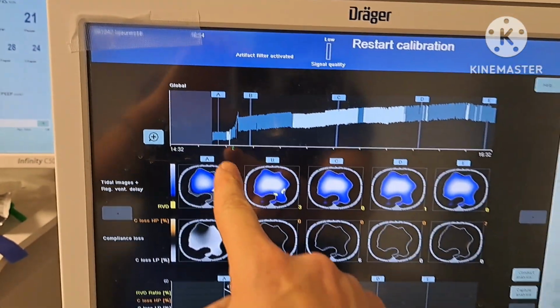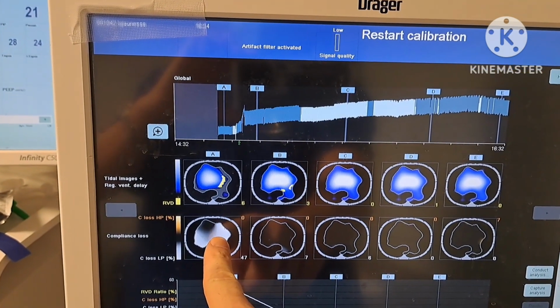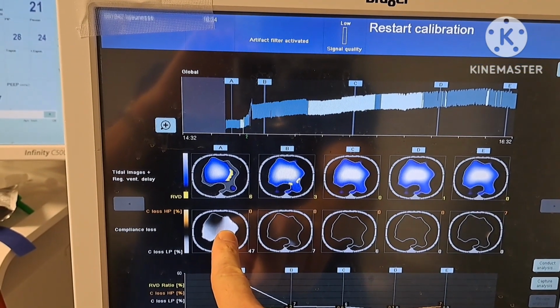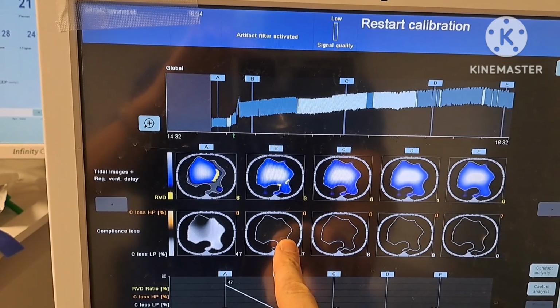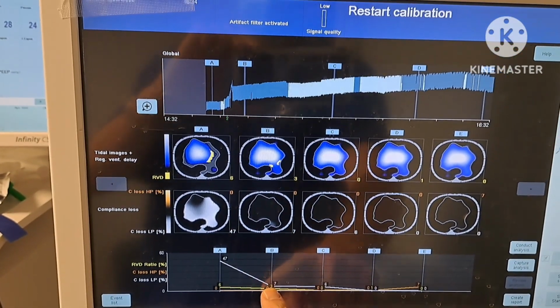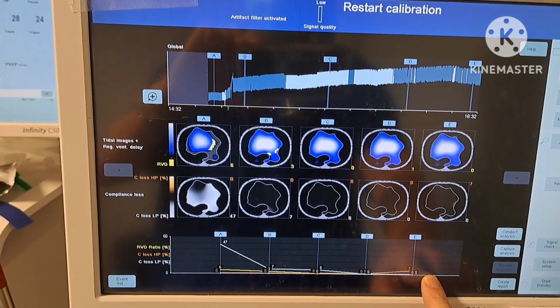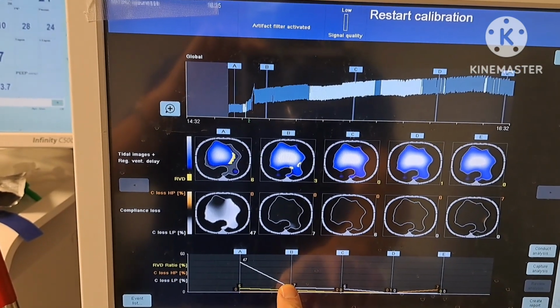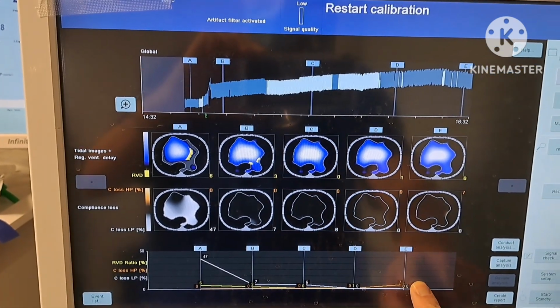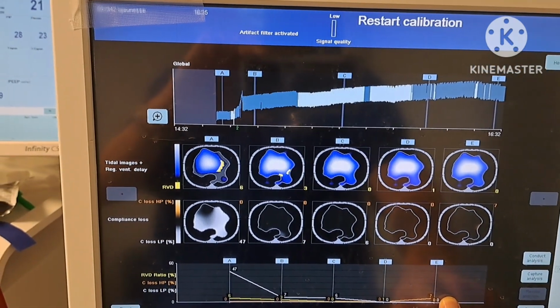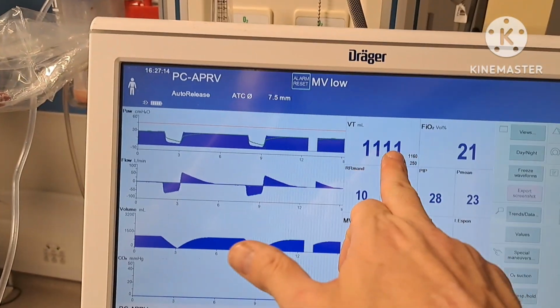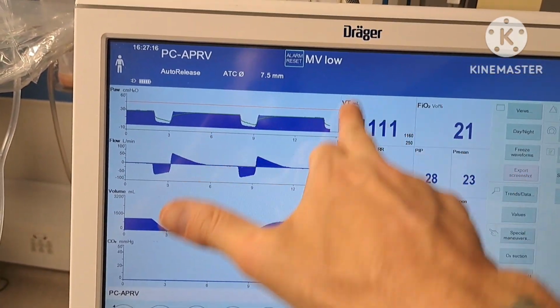Here, the minute we transitioned from pressure support to APRV, you see all of a sudden zero atelectasis. As well, even with this 30, you see zero over-distension. Zero over-distension, even if we're concerned about this.